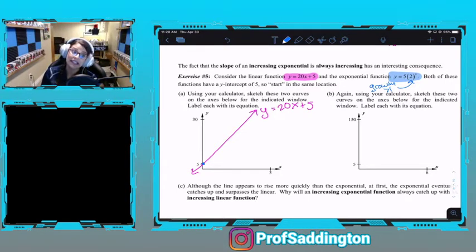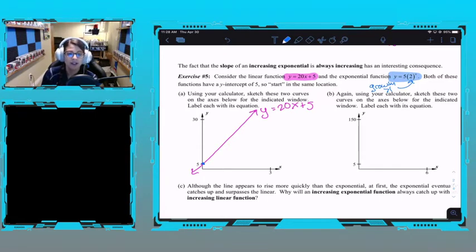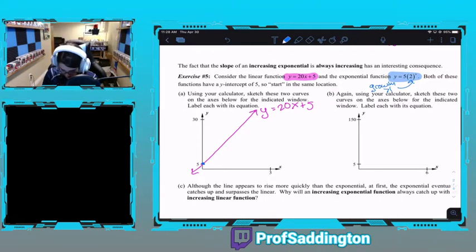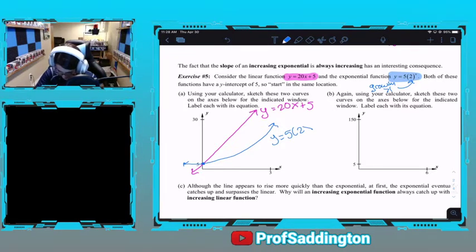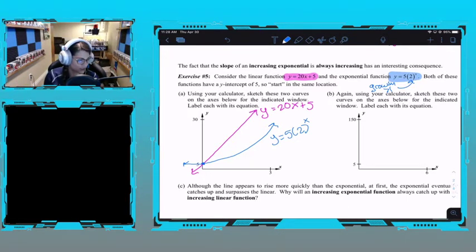If it's something that's less than 1 but still bigger than 0, you're going to have decay. So that's going to look something like this. So y equals 5 times 2 to the x. Oops. That was messy. So just to kind of give you again, what's the visual on that?